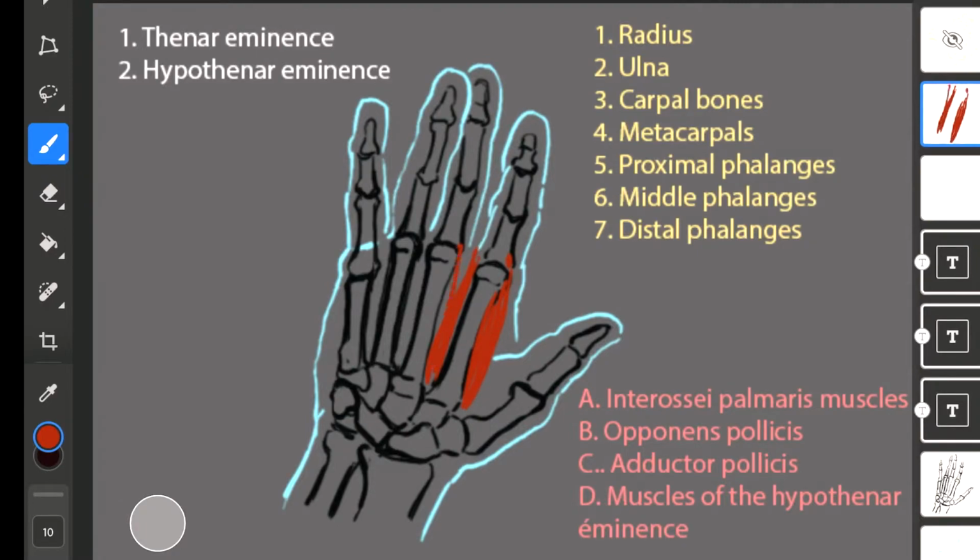So I have a set going this way, a set going this way. A set going this way, running this way, and then running this way. Interosseous, in between the bones. Interosseous palmaris muscles.